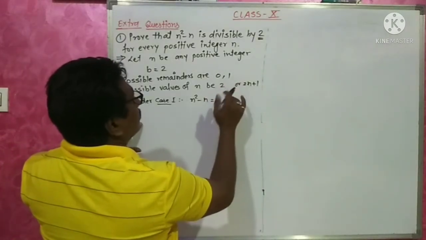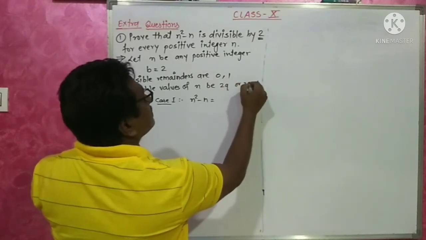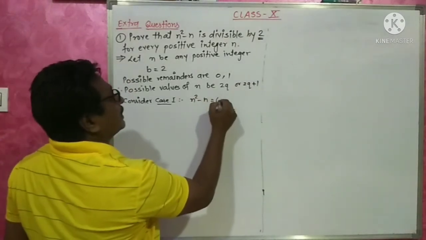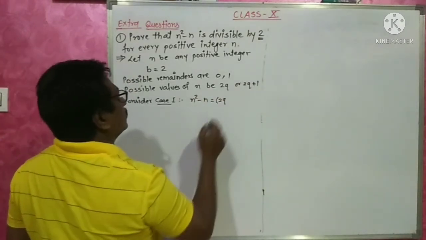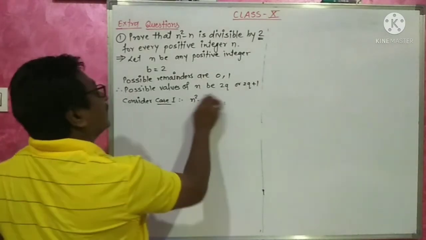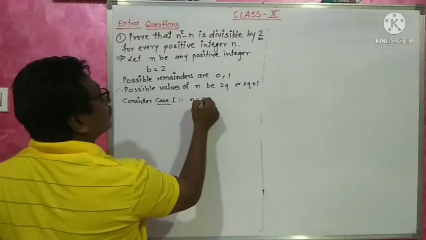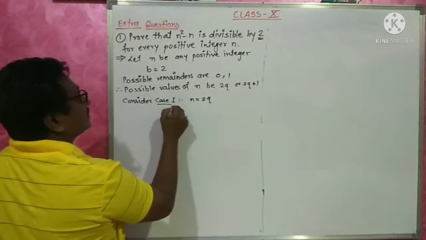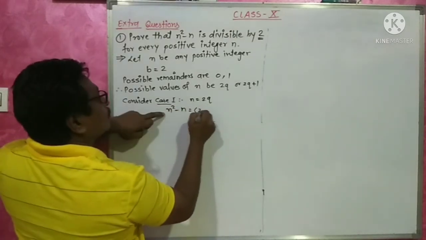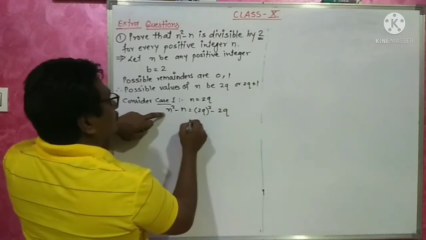First we will take n equals 2q. So n square minus n means 2q whole square minus 2q.